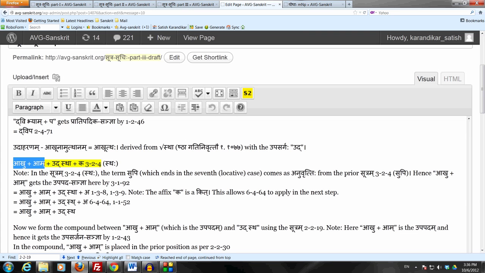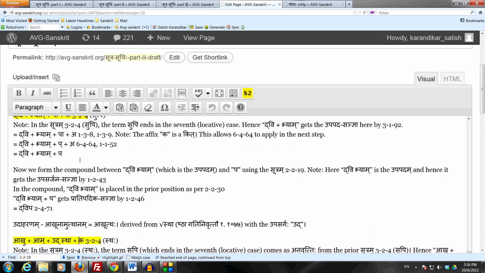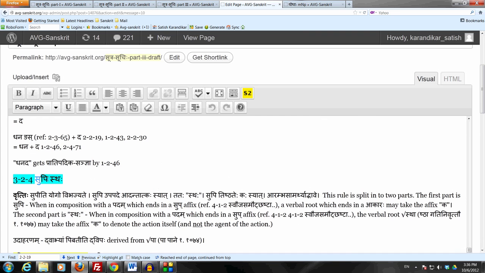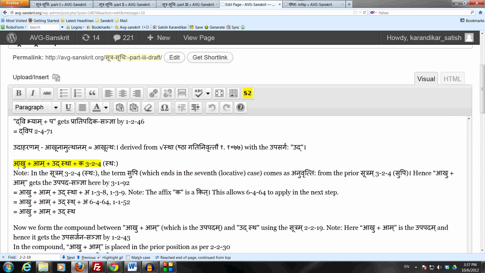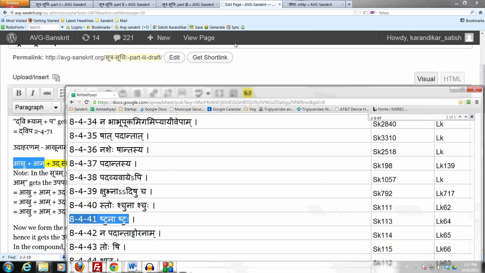In the sutram stha, the anuvritti of the term supi comes from the prior sutram, which we split out, the sutram supi. So this sutram stha also requires a subantam upapadam, which we have here, akhu plus am, and that gets the upapada sanjna by tatropapadam saptamistham 3192.